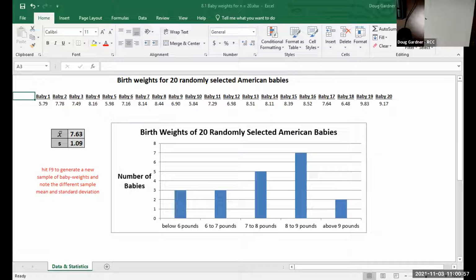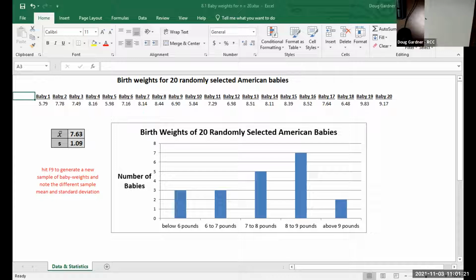And we said that is not going to happen necessarily unless you make your sample size 30, unless the underlying population is actually normally distributed. And I think babies probably would be normally distributed, which means a sample of 20 is actually okay.